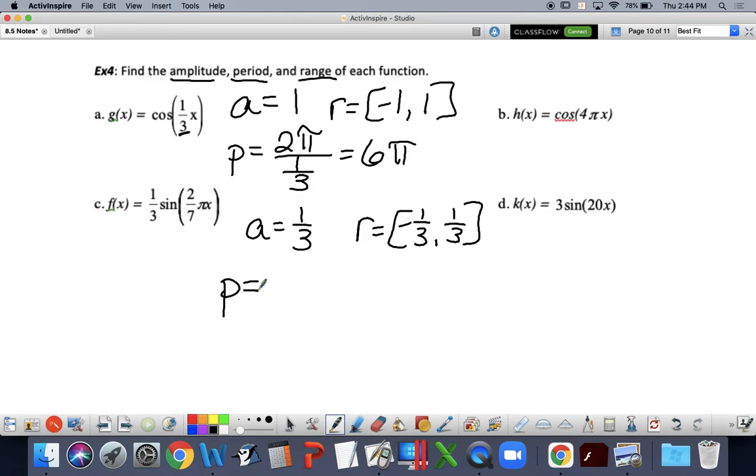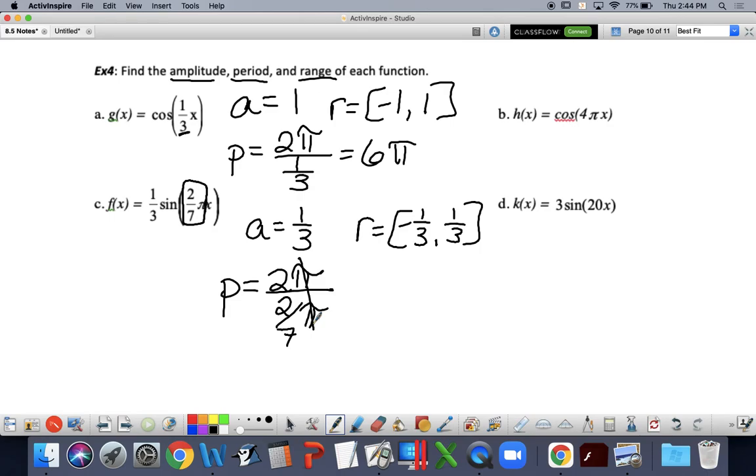Now notice this one. I'm trying to make sure we hit all of our bases with all the different types of things. This one, the number in front of the x, has a pi in it. So I have 2 pi divided by 2/7 pi. So my pi's are going to cancel.